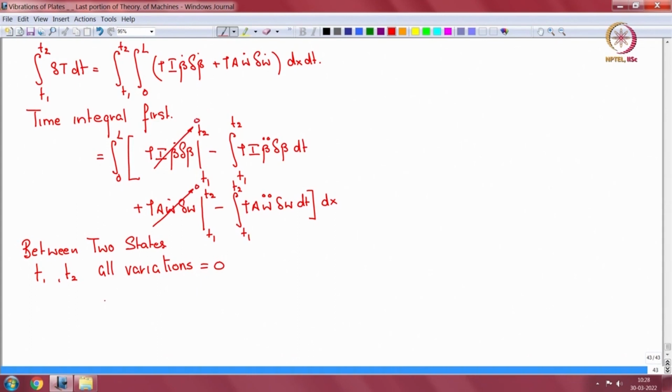So we are left with integral 0 to L, integral t1 to t2, with a minus, rho I beta double dot delta beta plus rho A w double dot delta w, dt dx.